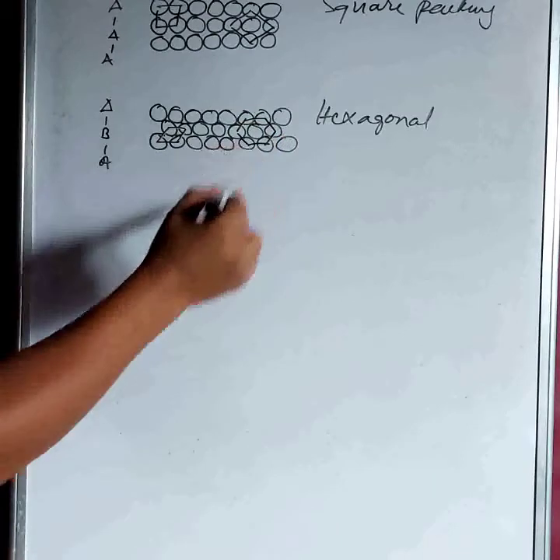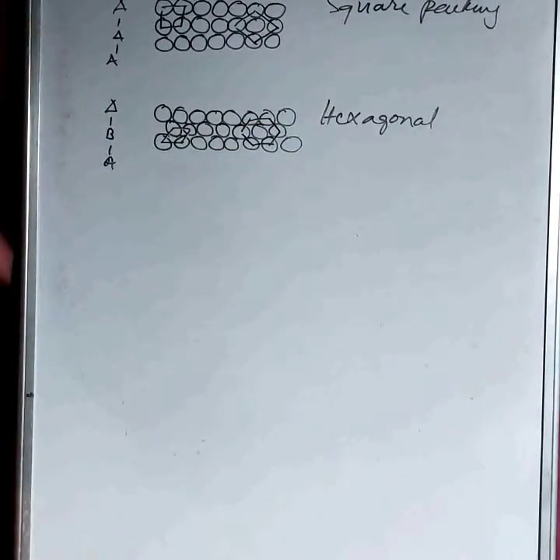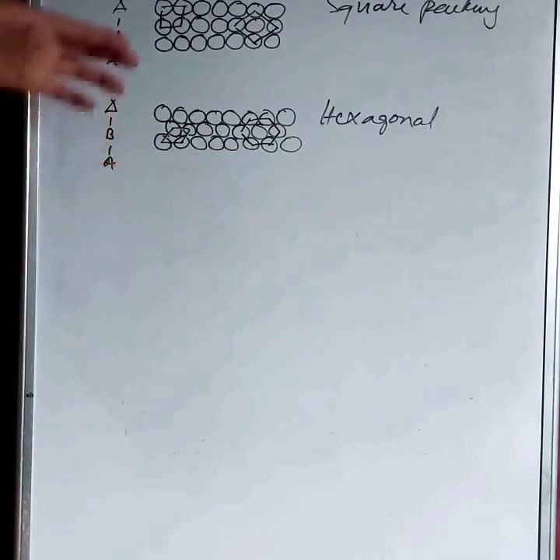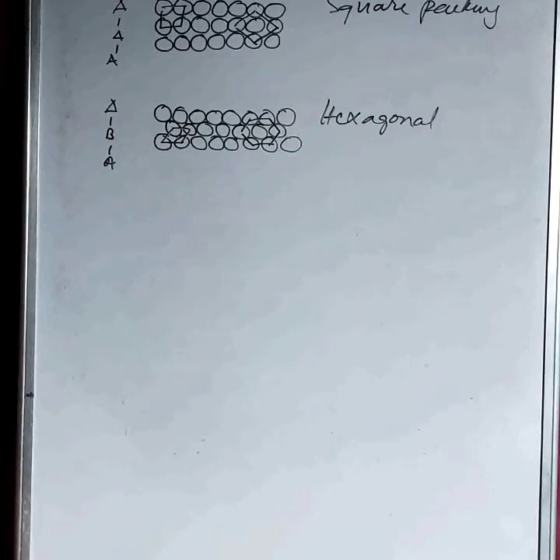As you can see, if you can picture it, the packing system is also different for different types of crystal systems. Now we'll try to establish the packing efficiency of different crystal systems: simple cubic, body-centered cubic, and hexagonal or face-centered.